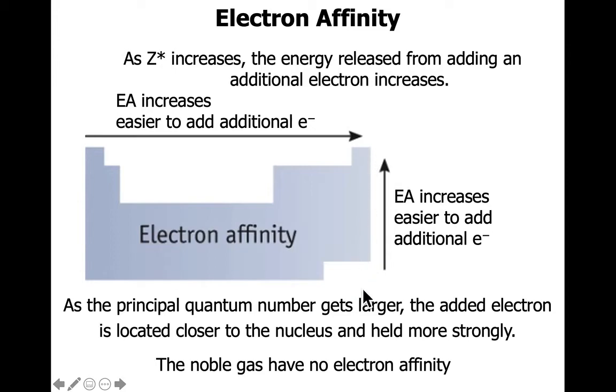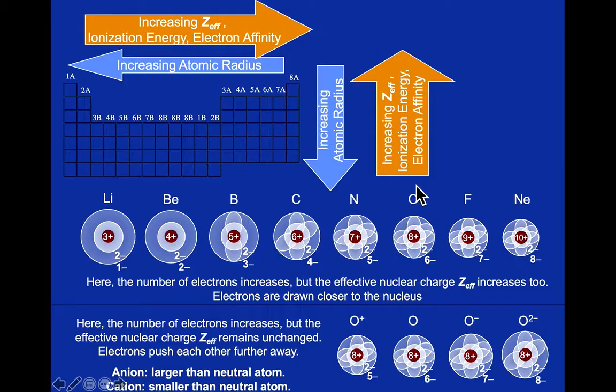This very last column over here, the electron affinity is 0. So we start on the left, the electron affinity is low, and it increases all the way over to the halides. They have the highest electron affinity. For example, fluorine has a very high electron affinity. But then I go from fluorine to neon and the electron affinity drops to 0.